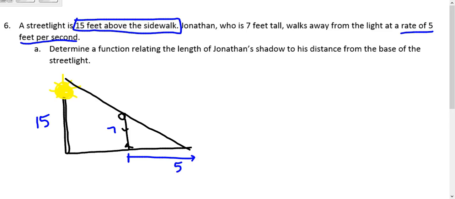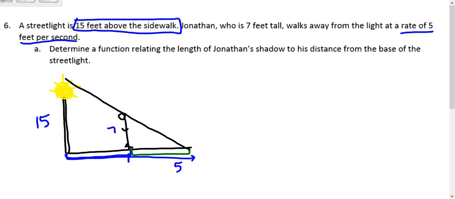So we don't have any variables yet. We'll probably use x and y because that's easiest. So what we want to look at is we have two unknowns down here: the distance between the light and Jonathan, and Jonathan's shadow.